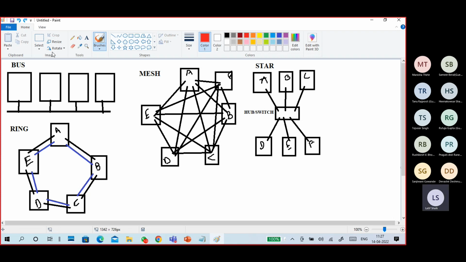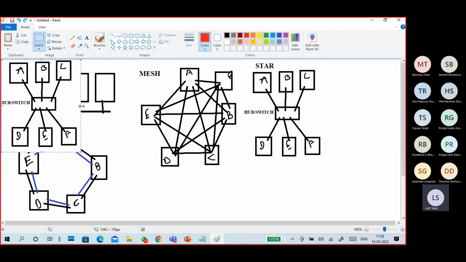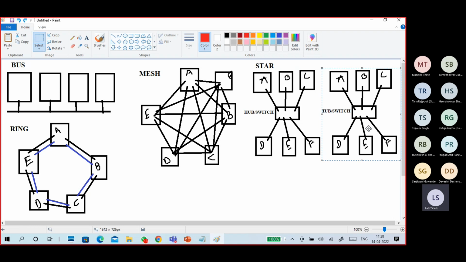I said we are able to extend, meaning it is scalable. If you take another star topology and connect the devices one to another like this, this switch and this switch are connected, obviously.